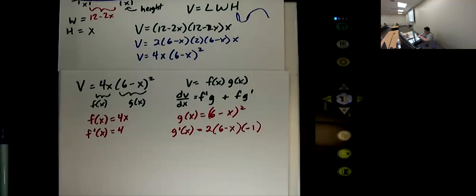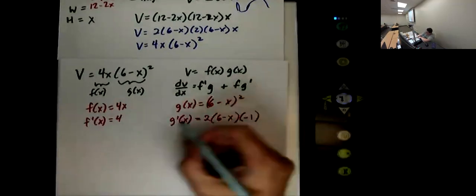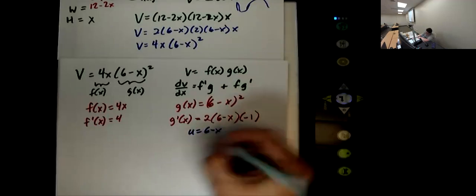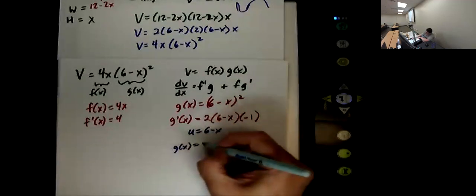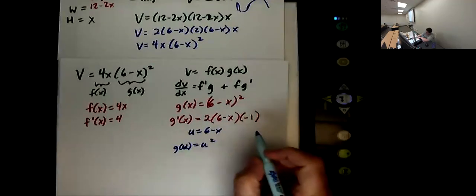I'm going to do that step in two parts just in case it helps, because some people are missing this, and it's fundamental to calculus. I'm going to say u equals 6 minus x, so that g of u equals u squared.